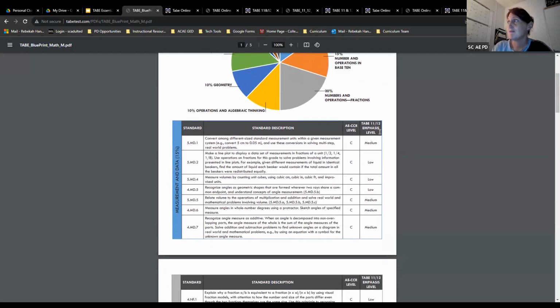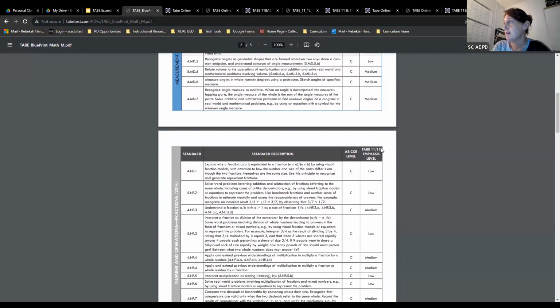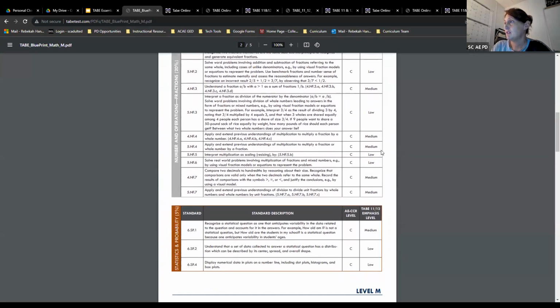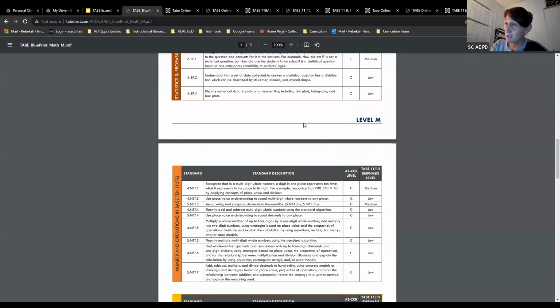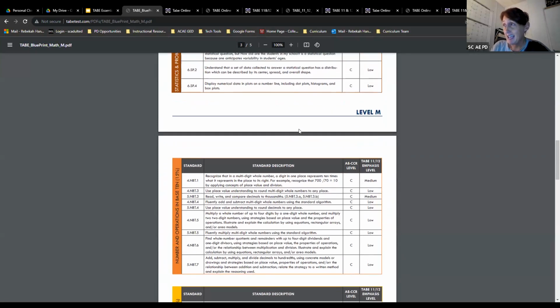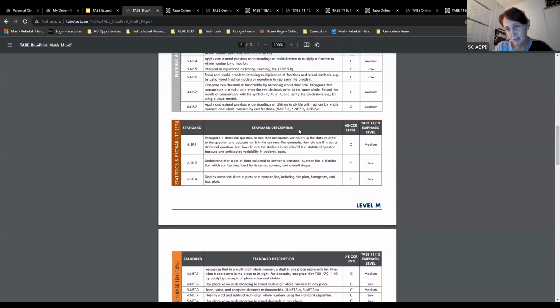What I like over here is this emphasis level, so you can see. If it's a lower level, maybe I don't put that much time and effort into teaching that skill. But you have each of these, okay? It's also important to look at, particularly for the math, TABE does introduce some math skills that are not present on the GED and vice versa.